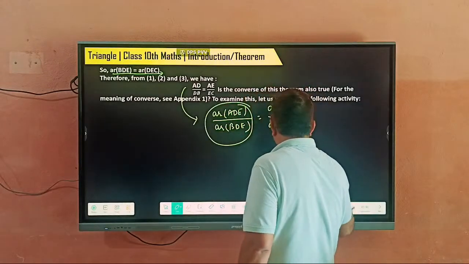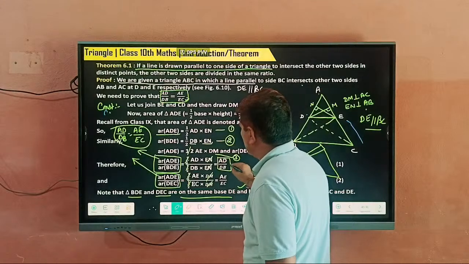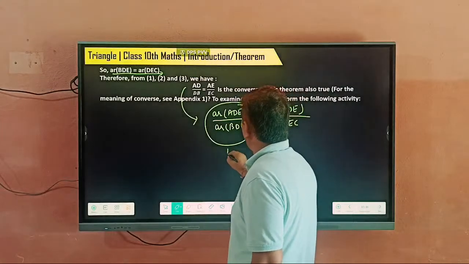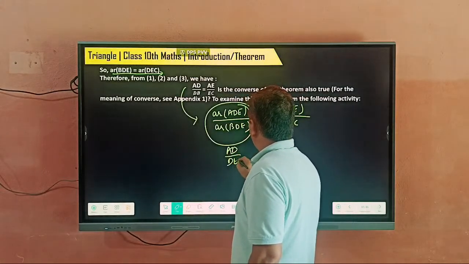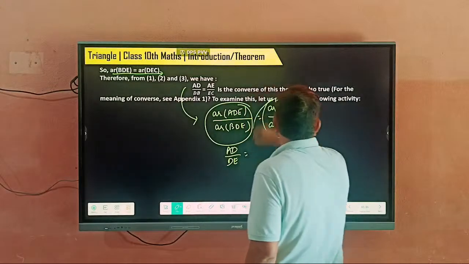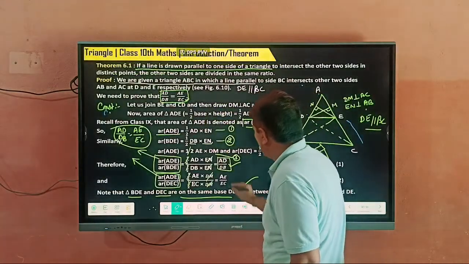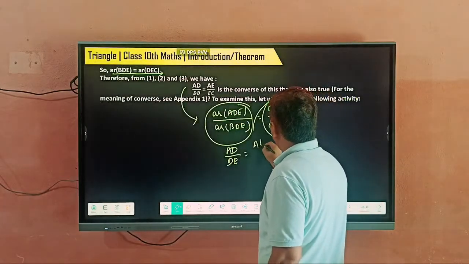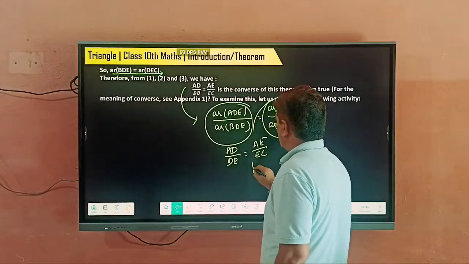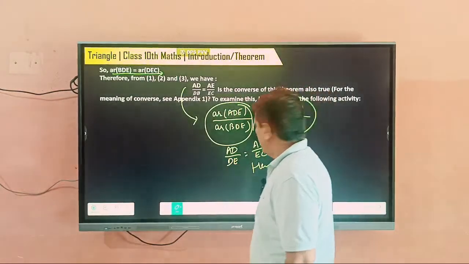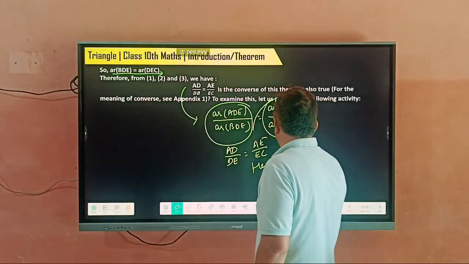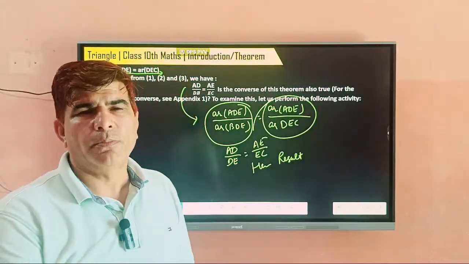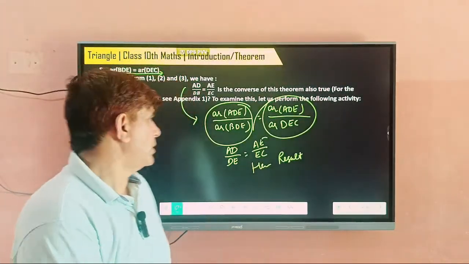After solution, it means AD by DB is equal to AE by EC. Hence the result. So simple, but so important.